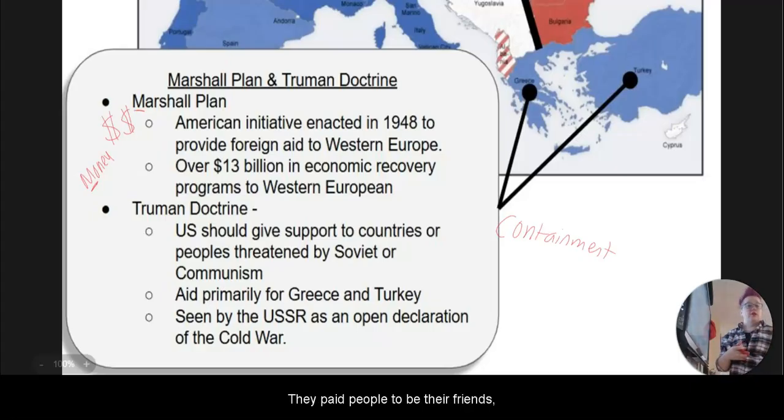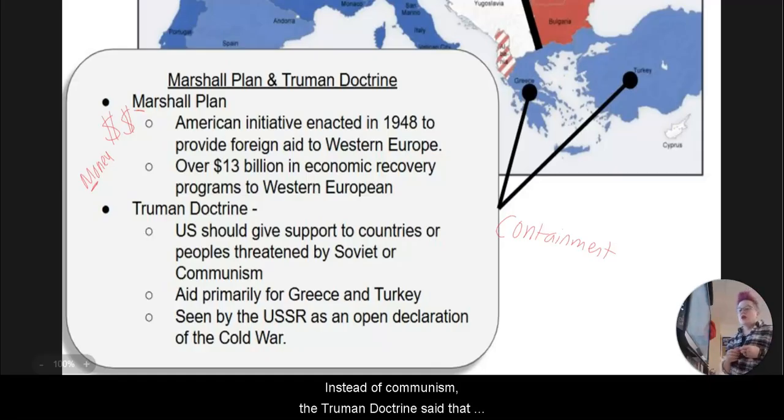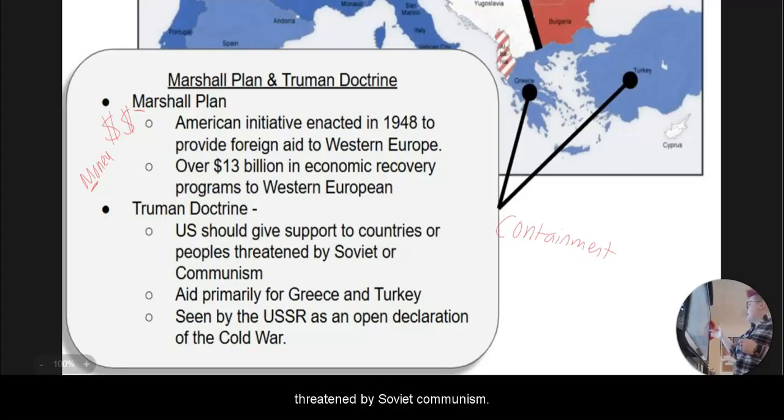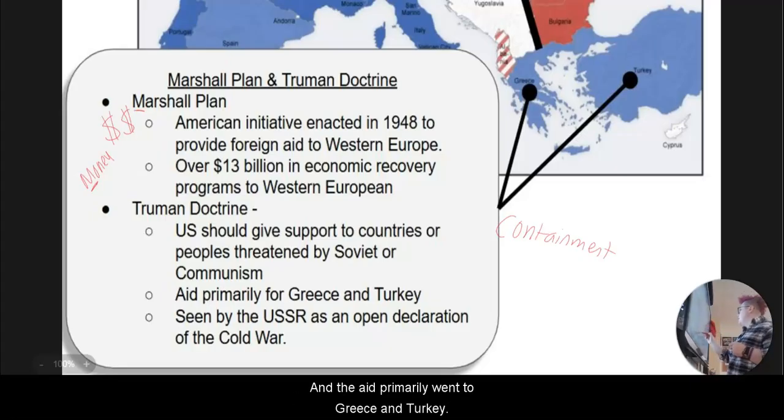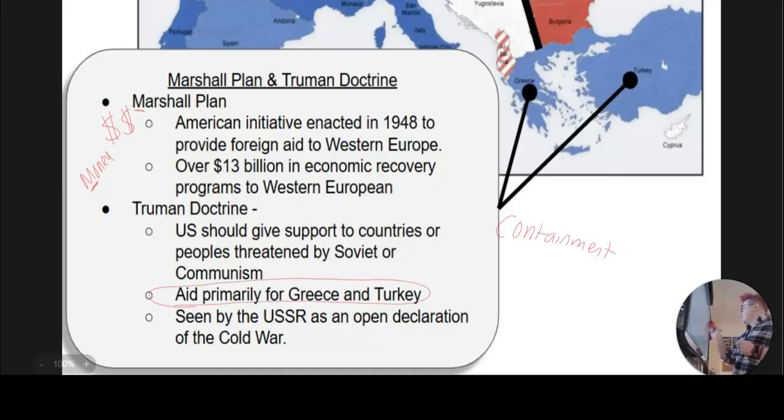They paid people to be their friends, paid people to be democracies instead of communism. The Truman Doctrine said that we would give support to countries that were threatened by Soviet communism, and the aid primarily went to Greece and Turkey. And it was seen as probably more of an open declaration of the Cold War. These are the first real events.